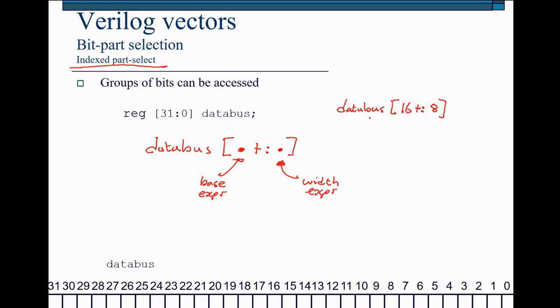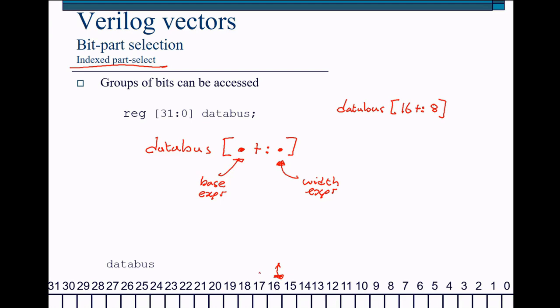Let's take this example, data bus bracket 16 plus colon 8 close bracket. The width tells us the number of bits that we're accessing, and the base value, in this case 16, tells us the starting bit position. With our example, 16 is this bit position here.